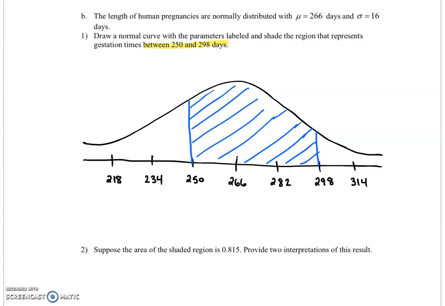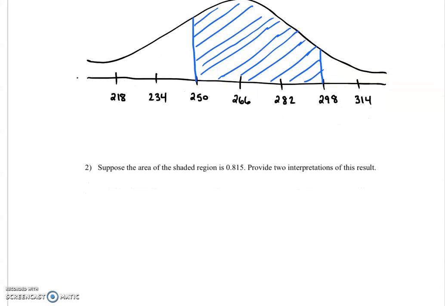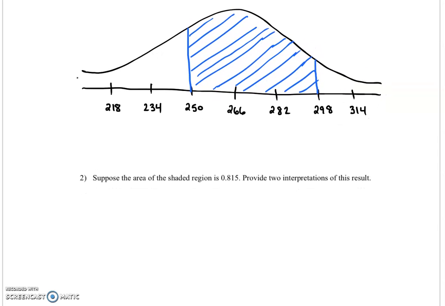So that's the region that we would be looking for the probability for. Again, we'll learn how to actually find this probability using the calculator in the next section. But for now, let's just interpret it. So, suppose that shaded area is 0.815.